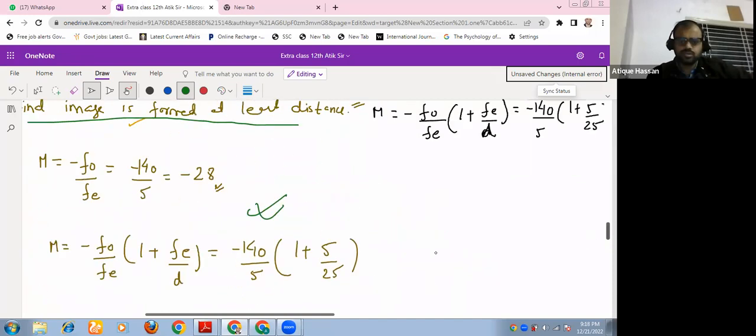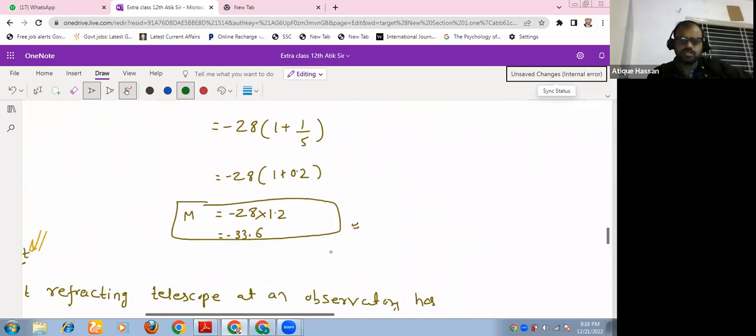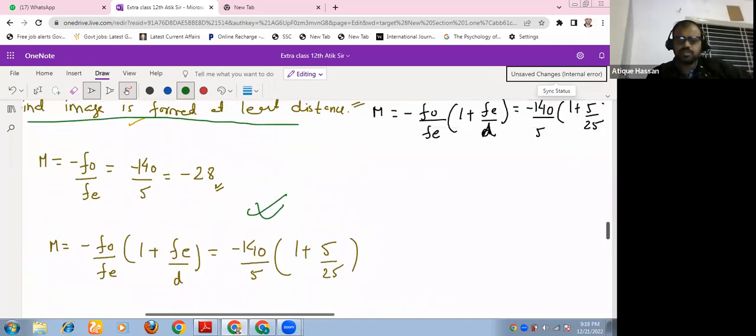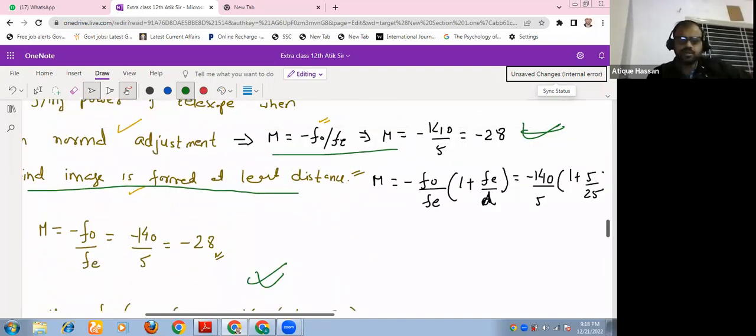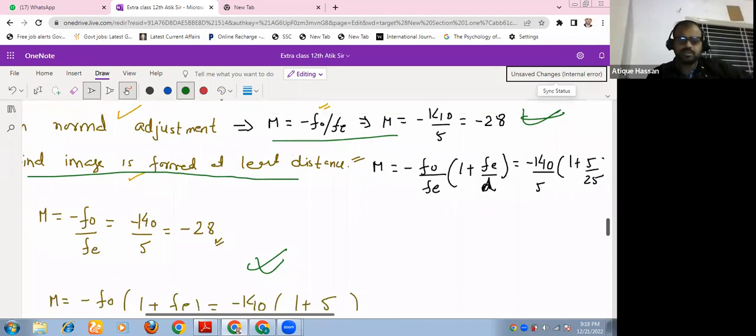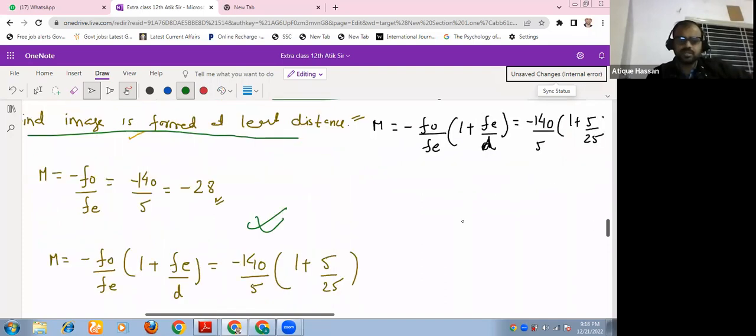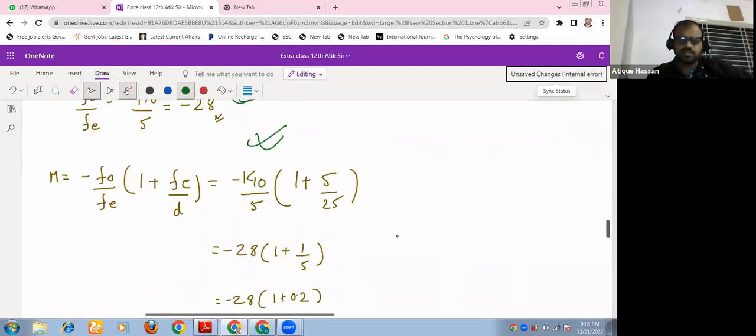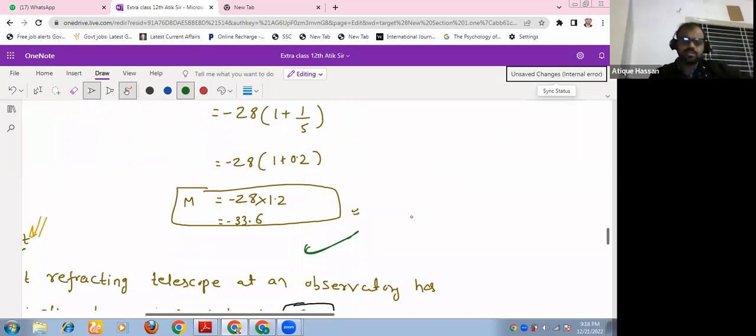In this case, you will get it at minus 33 point. So obviously, magnification is more in case of least distance of distinct vision. For normal case it is minus 28, and for least distance of distinct vision, it is 33.6. Got it? All right.